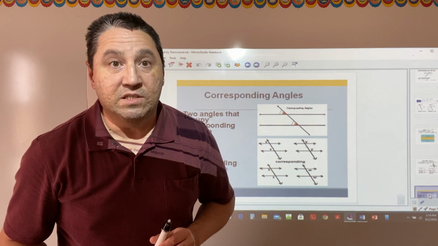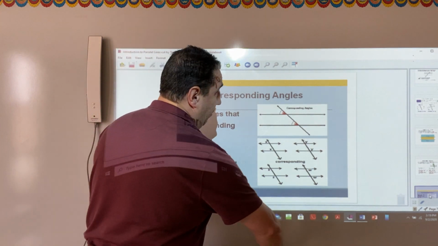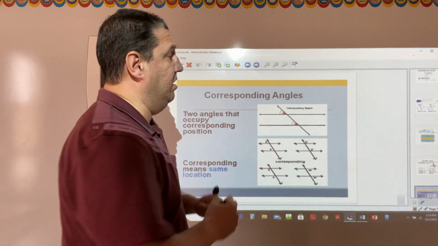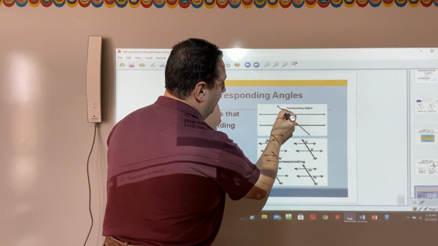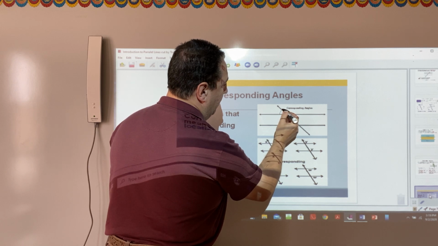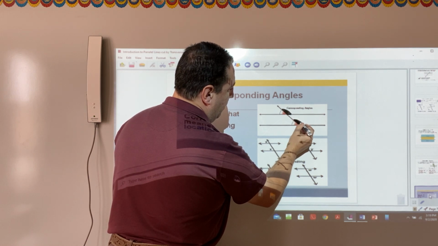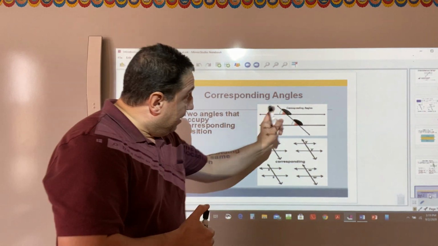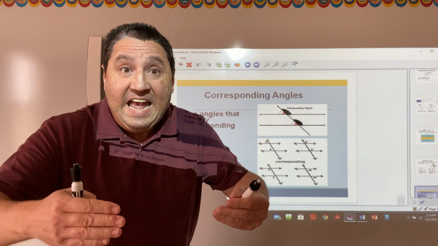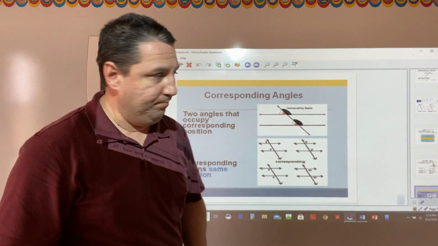So, same location. Another type of corresponding angles are these two angles. As we can see, these two angles are in the same location as the previous pair. Good.